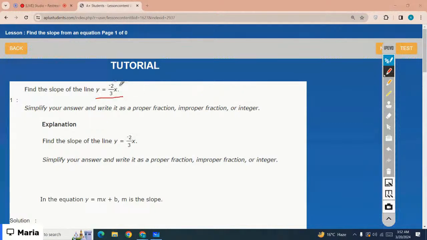You just have to compare the given equation with the general form of the equation, that is y equals mx plus b. You have to compare this with y equals negative 2 over 3x. The coefficient of x is the slope.